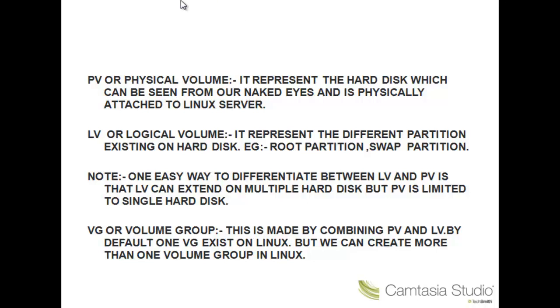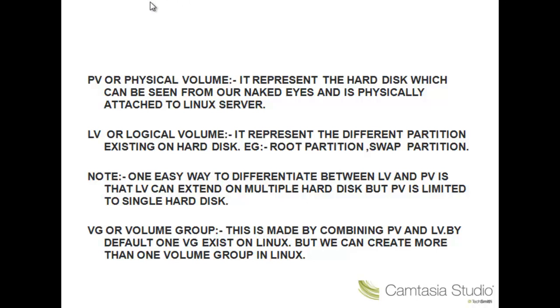Many of us are confused about PV and LV, and what the difference between them is, so I have tried to explain it.